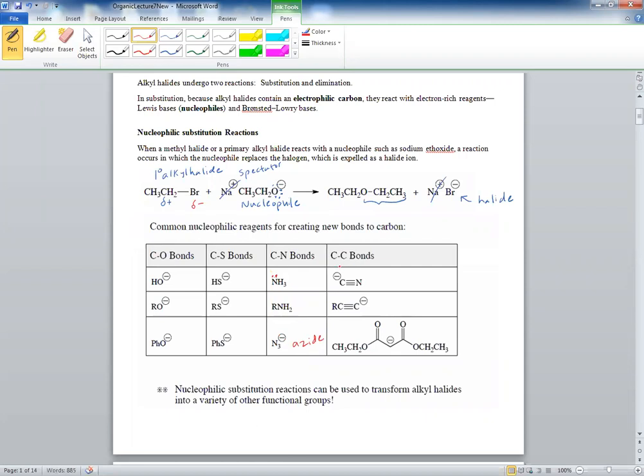So of course you can form new C-C bonds, like here, you have a cyanide, etc. All of these have one thing in common: they have lone pairs, they're electron rich. So notice the lone pairs that I'm drawing. So again, they are electron rich.